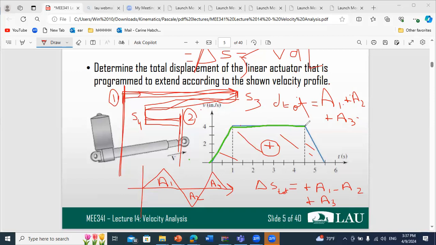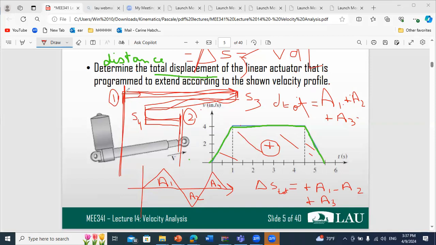So keep in mind also that we have a difference between total displacement and total distance, okay? The main difference is that the total displacement just accounts for initial and final position, while the total distance will take into consideration the trajectory of motion.